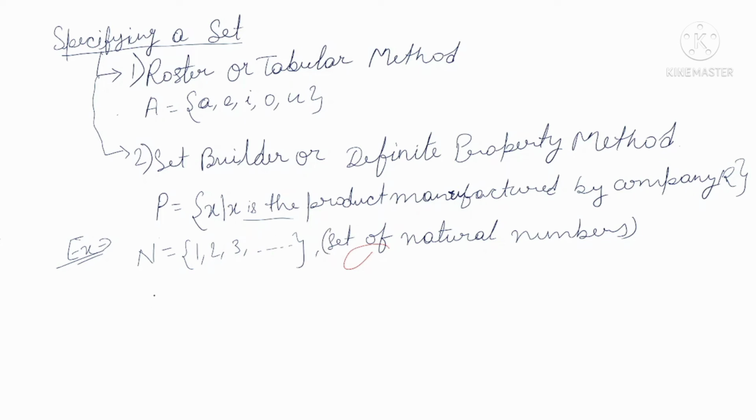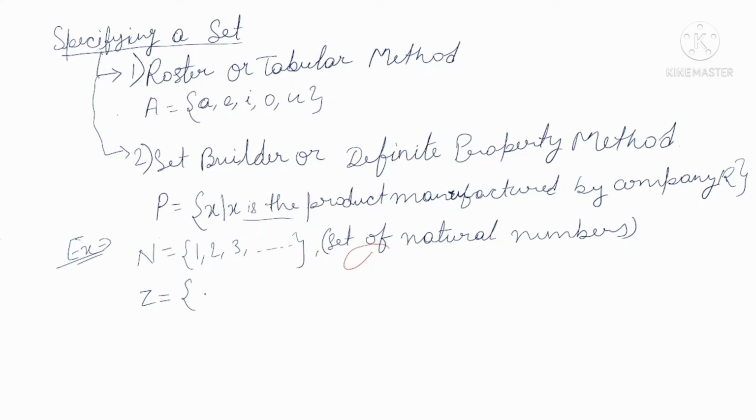In the same way, we can use standard notation for other sets, for example the set of all integers. Integers, you know, are positive natural numbers and negatives of natural numbers including 0.